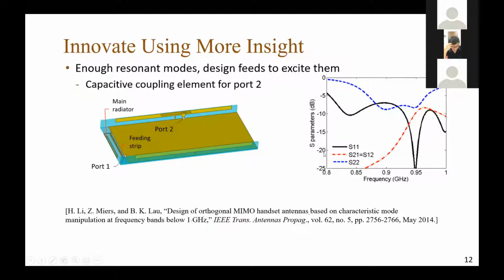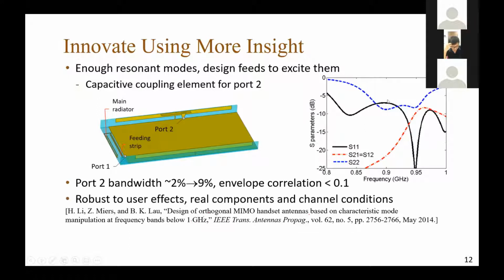And therefore, we can get the wideband mode, as you can see here, but also this narrower band one, a dual resonance mode, which has much better bandwidth than what we have seen before. From 2% bandwidth, we can get 9% for the second mode, and we have quite good correlation performance.